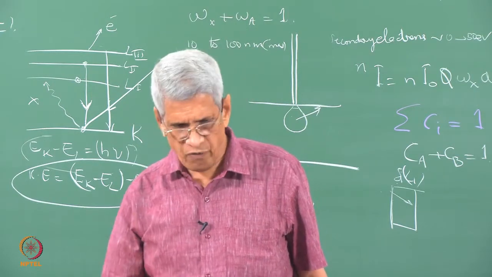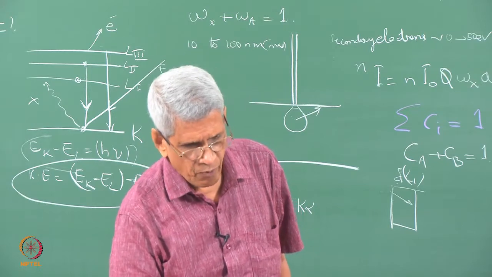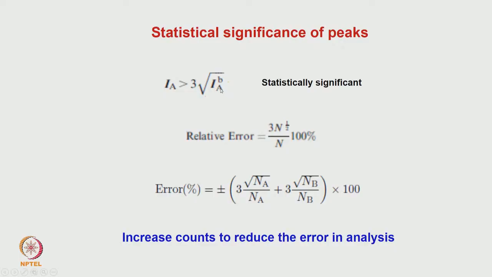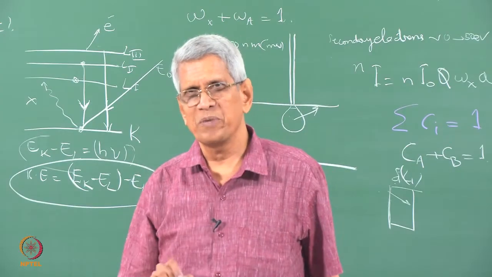For that, we look at the background, and if the peak height, the intensity, is 3 times more than the square root of the background, then we can say that the peak is statistically significant, because with 99% confidence we can tell that it is a real peak.